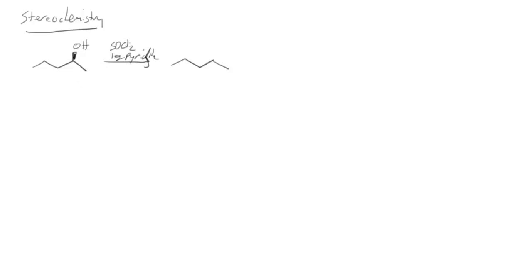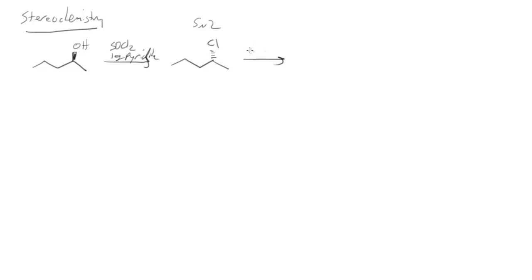Now, if you think about the mechanism, the chloride is going to come in and push off the activated oxygen group. So my chloride is going to be inverted. So that's going to be an SN2 type step to that mechanism.